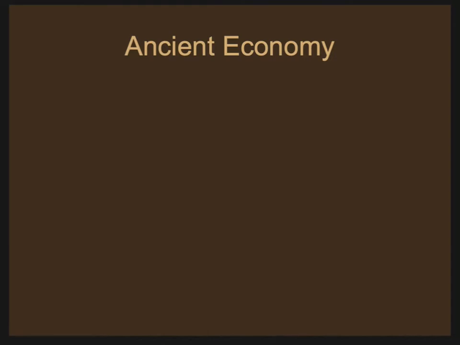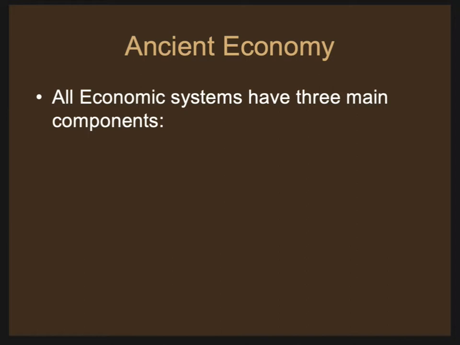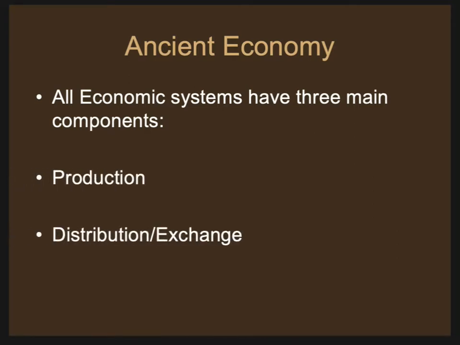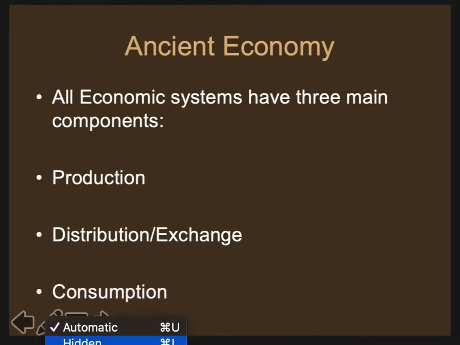So you saw in the video that economic systems are really composed of three parts: the production, the distribution or exchange of goods, and the consumption of those goods. So you could have a political economy, you could have a subsistence economy. All societies have economies.